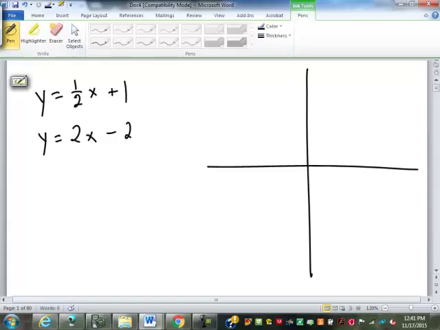So for this system of equations, one of the methods we went over yesterday for solving these was to graph them. And both of these are in easy graphing form. Y equals 1/2 x plus 1. Where do we start? Positive 1, and from there we go up 1, over 2. And there is the line.